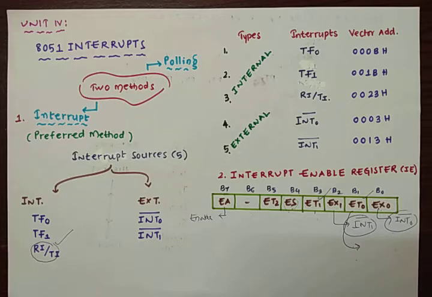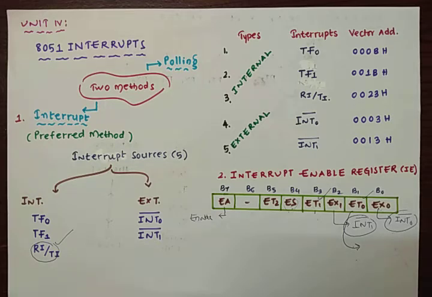8051 is a microcontroller. It is used in a wide variety of applications that may be industrial and real-time applications. When it is used in the various applications, the microcontroller has to be interfaced with input-output devices.